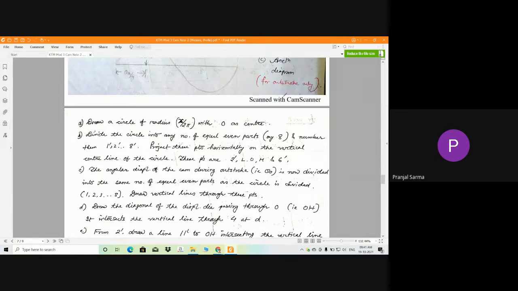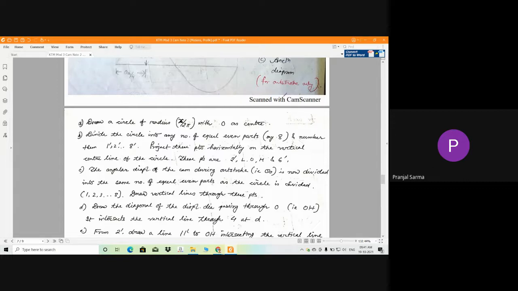So from the lift we know that this is where our follower is. If I know where my follower is at a particular angular position of the cam, then I know the shape of the cam, because the follower is in constant contact with it.